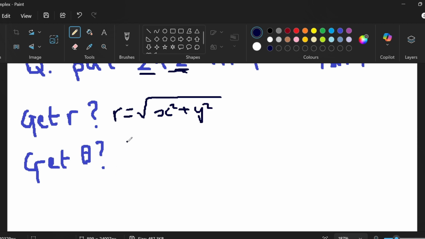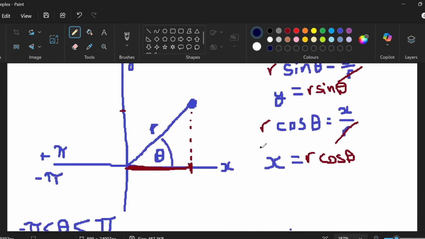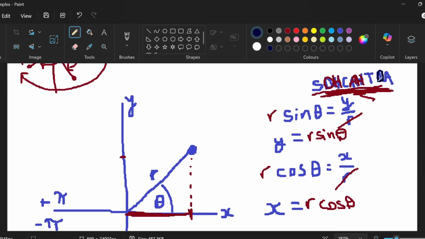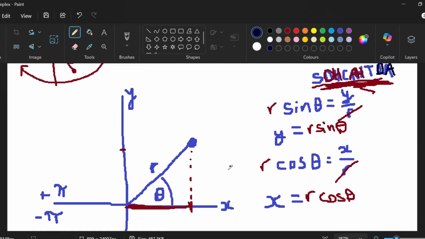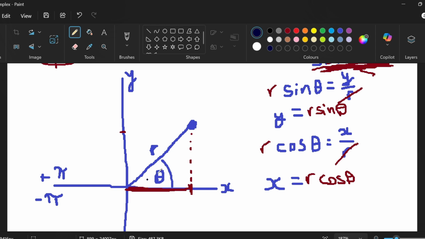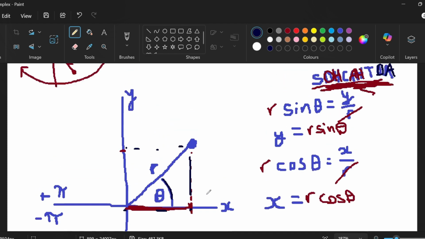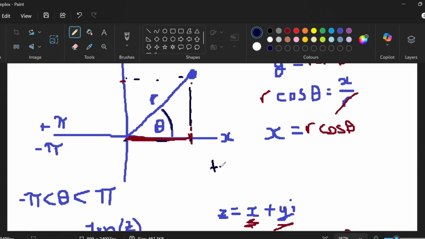And to get theta, generally we look back at this acronym here, SOHCAHTOA, and we use this third one, tan is equal to opposite over adjacent, where the opposite side of this angle is going to be the y-coordinate here, and the adjacent side is the x-coordinate. So I get that tan theta is equal to y over x.